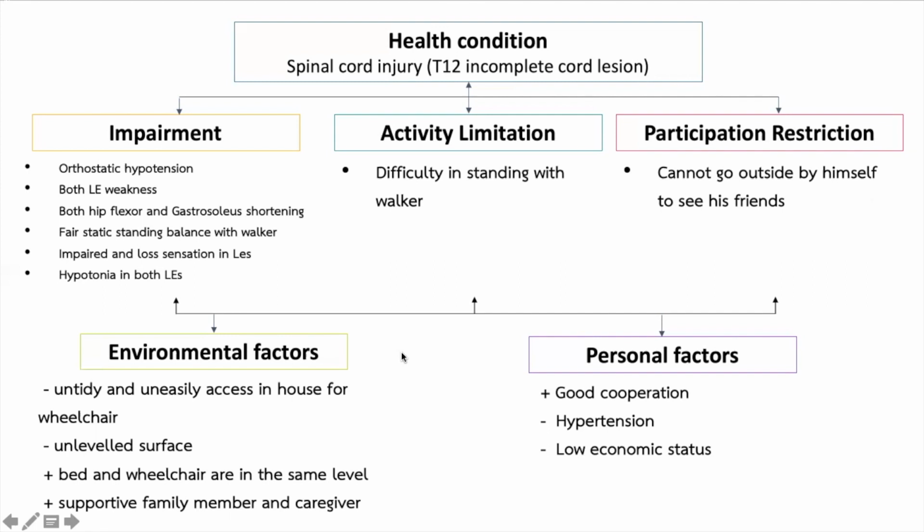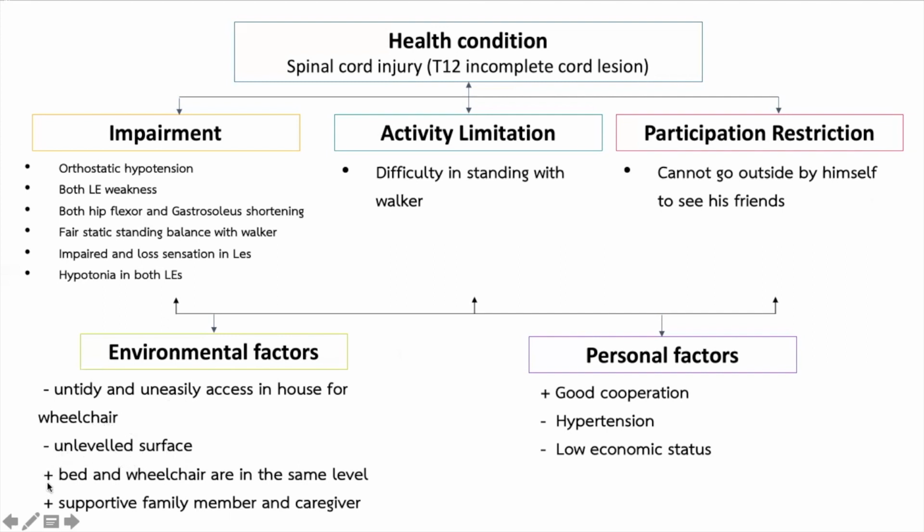As the environmental factor that you see, there are also barriers and facilitators. For the barrier, it is untidy and not easily accessible in the house for a wheelchair, and you can see the unlevel surface.